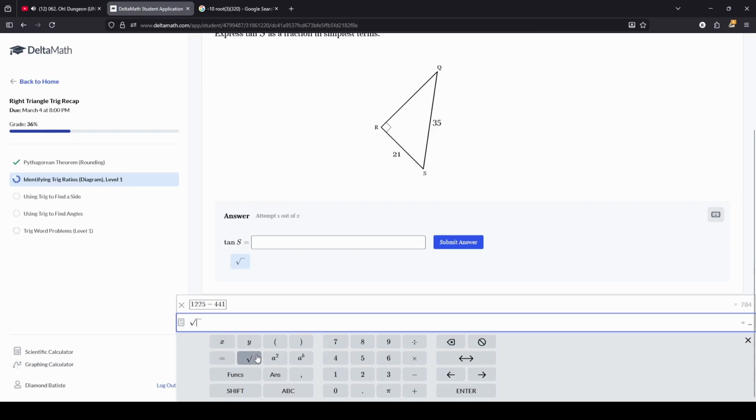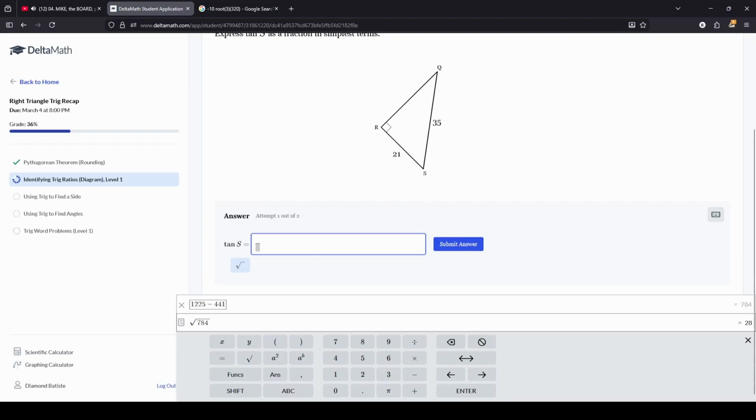And we put U in 7 8 4, 28. Okay, that works. And then the AN goes top, so 28 goes here. And then at the bottom we have the T, which is 21.